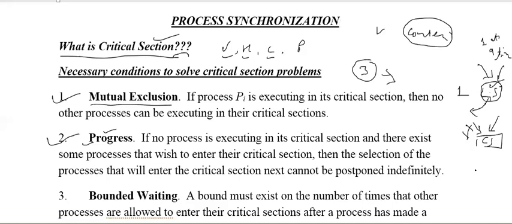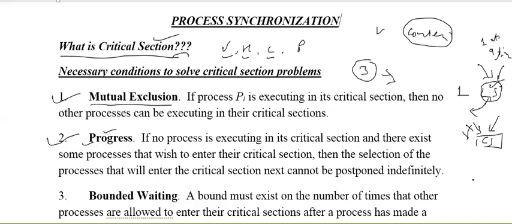Progress is generally, I'm sure you have also encountered this problem: suppose you want to study, and whenever you want to study, one of your best friends comes and says, why are you studying, let's go and have fun. So your best friend is neither studying nor giving you a chance to study.